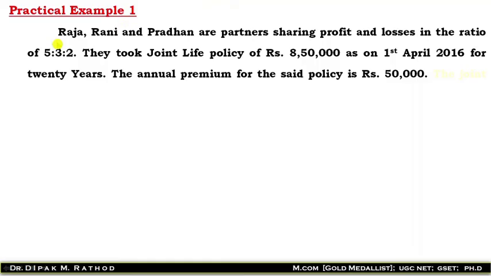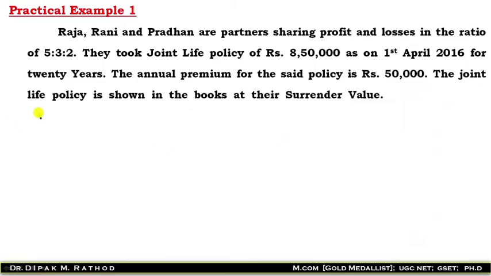Let's do the practical example. Raja, Rani and Pradhan are partners sharing profits and losses in the ratio of 5:3:2. They took joint life policy of rupees 8,50,000 as on 1st April 2016 for 20 years. There are three partners, Raja, Rani and Pradhan. Profit sharing ratio is given 5:3:2. And the amount of policy is 8,50,000 with an annual premium of rupees 50,000.